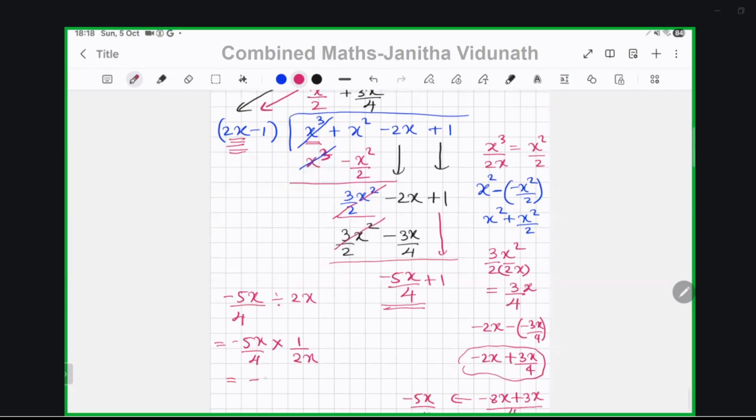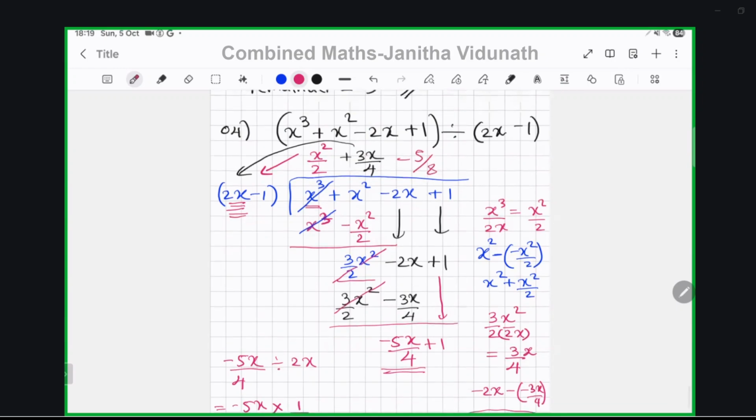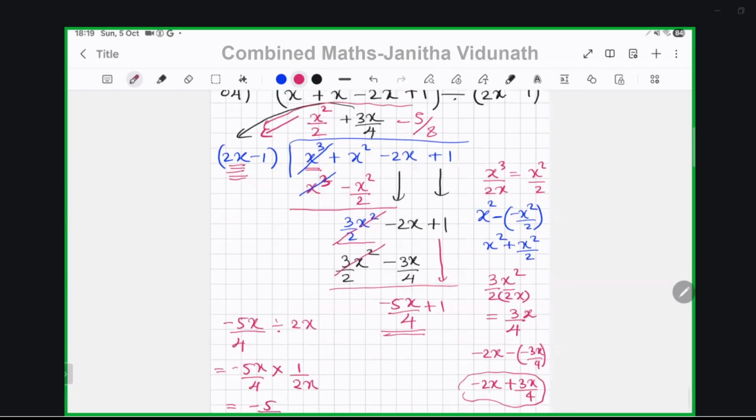That means minus 5 over 8. Then we keep that as our next term of the quotient, that is minus 5 over 8. Then we need to multiply it with the entire divisor. Then it will give us the result minus 5x over 4 plus 5 over 8.